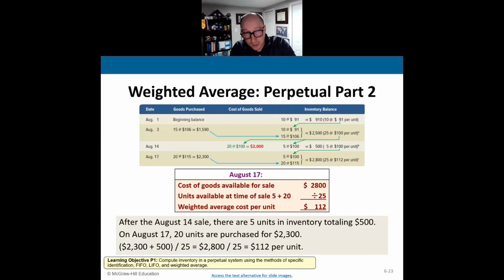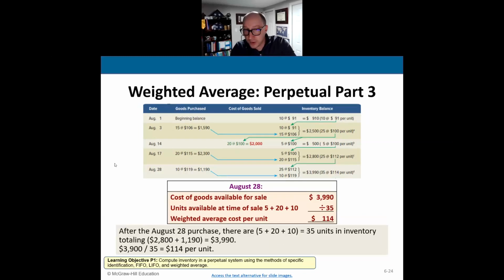I got 5 remaining at $100 each, plus the 20 bikes at 115, gives me a new inventory balance of 2,800. That's a new 25 bicycles I have in inventory. 2,800 divided by 25 units is $112 per bicycle.